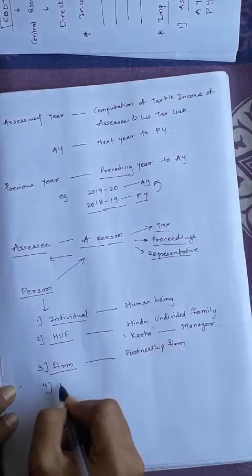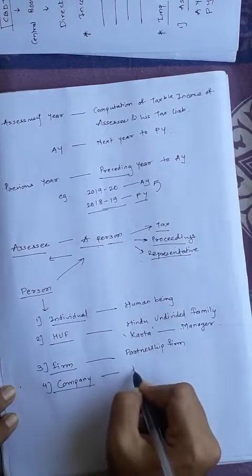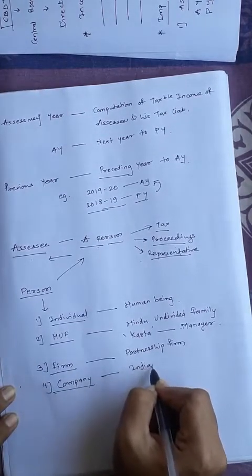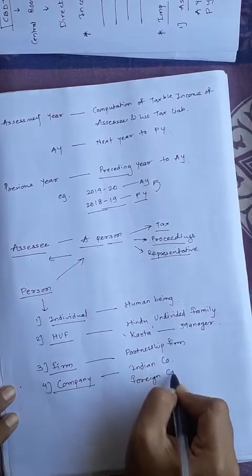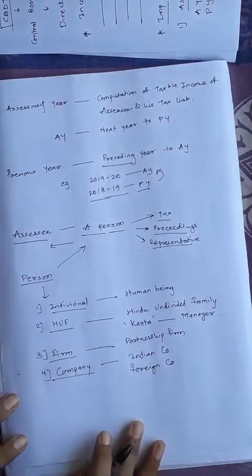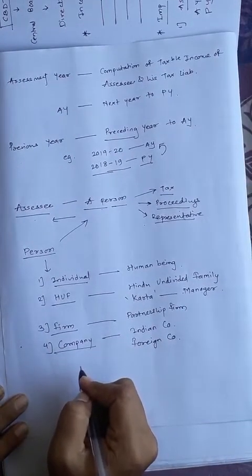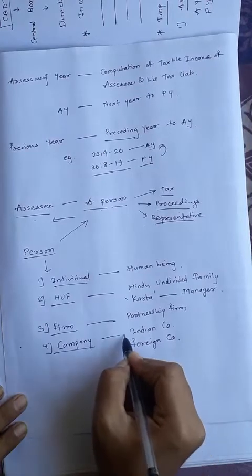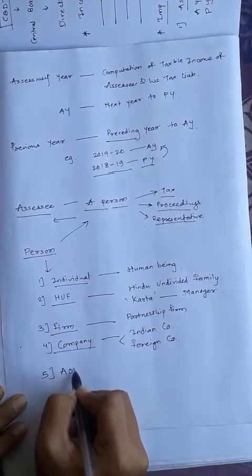Fourth one is company. A company which is Indian company or foreign company working in India, having control and management of its affairs in previous year in India, is also called as a company. Then AOP.